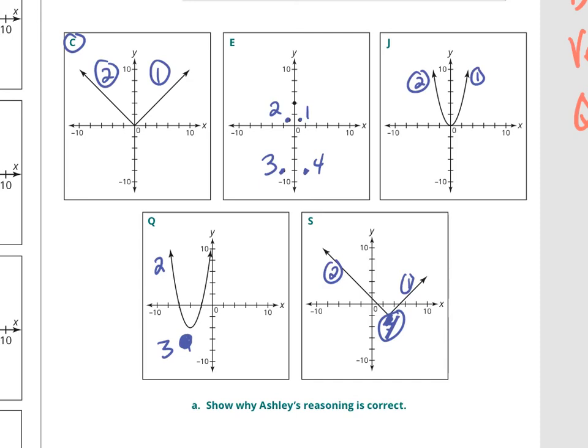For instance, graph J and graph C only travel through the first and second quadrant. But if you throw in Q, you would say all 3 of them only go through 2 quadrants. Graph S is the only one that goes through 3 quadrants. And graph E is the only one that goes through all 4 quadrants.